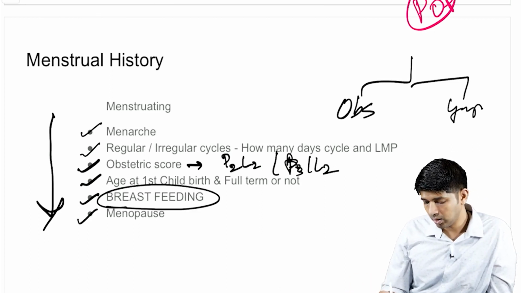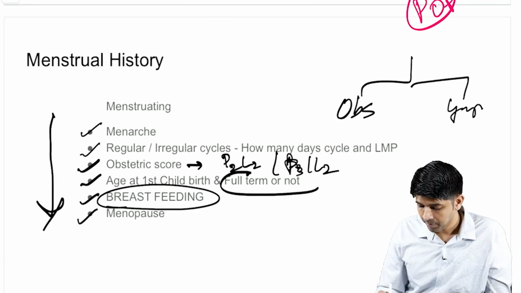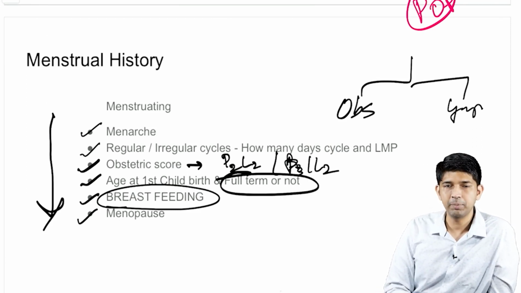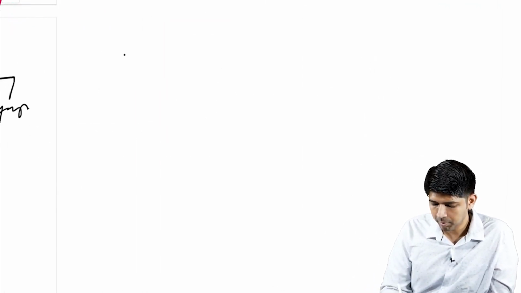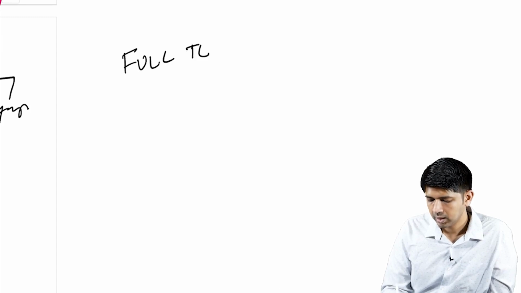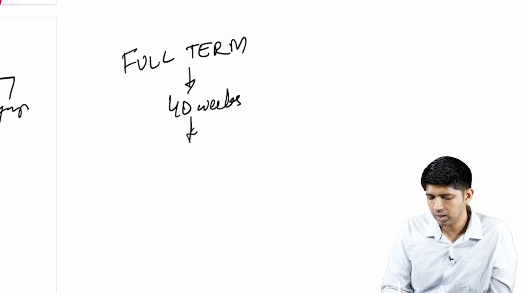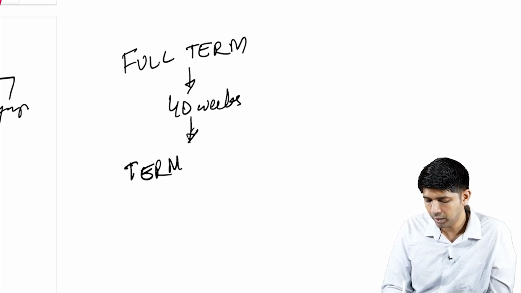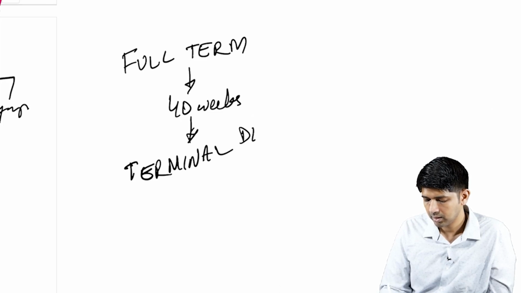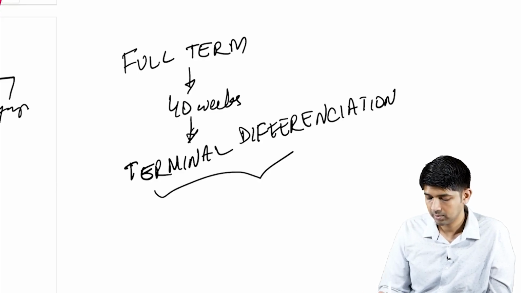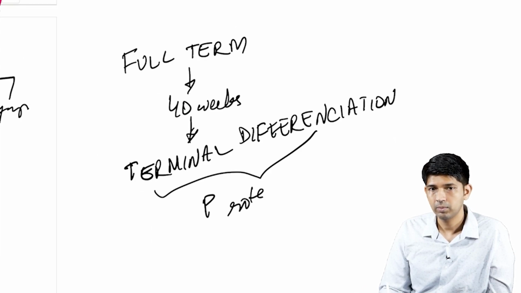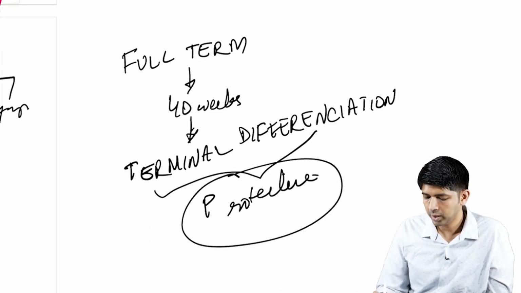Now there's another point that I missed. During the first childbirth, you need to ask whether it was a full-term delivery or not. This is important because at full term, that is at 40 weeks, the breast undergoes something called terminal differentiation, and this is protective to the breast.